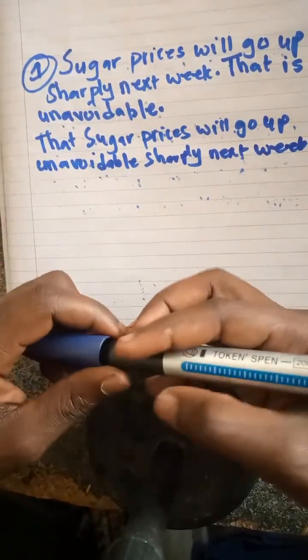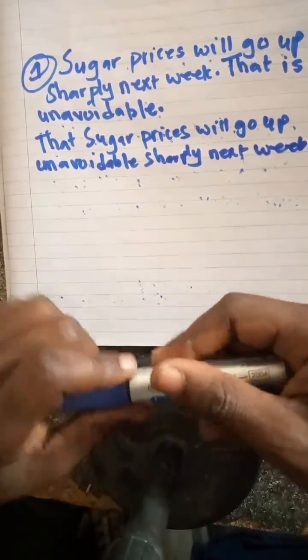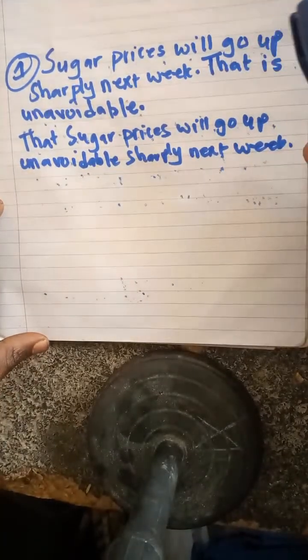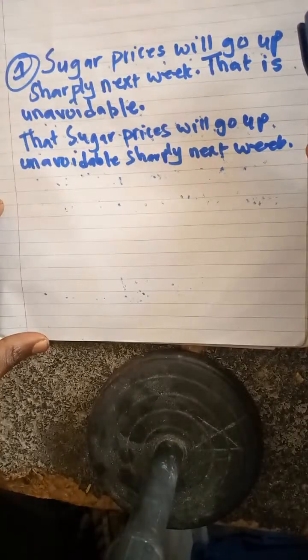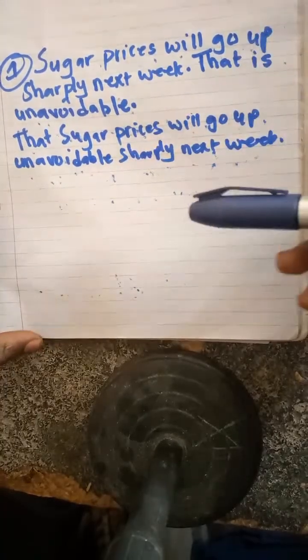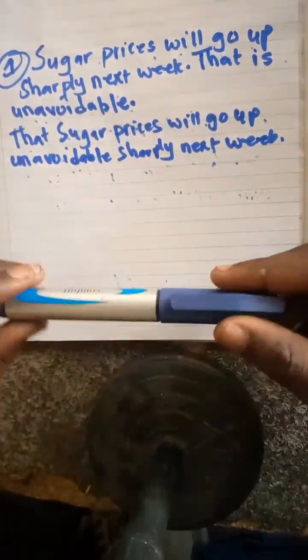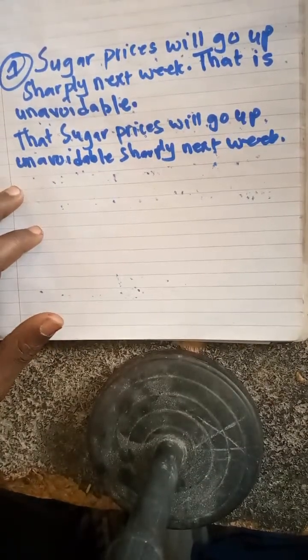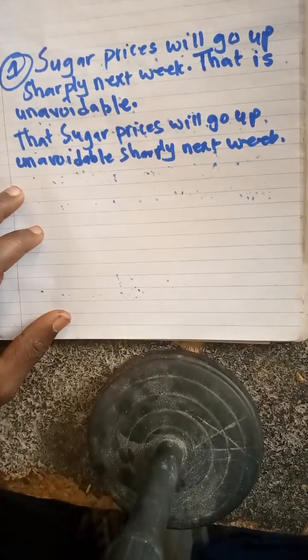Okay, the sugar prices will go up unavoidable sharply next week. Or it can be written like this: the sugar prices will go up sharply next week is unavoidable. You have seen? Yes. Mind you, don't just change the meaning of the sentence, maintain the meaning, but the words can be added. So the sugar prices will go up unavoidable sharply next week.